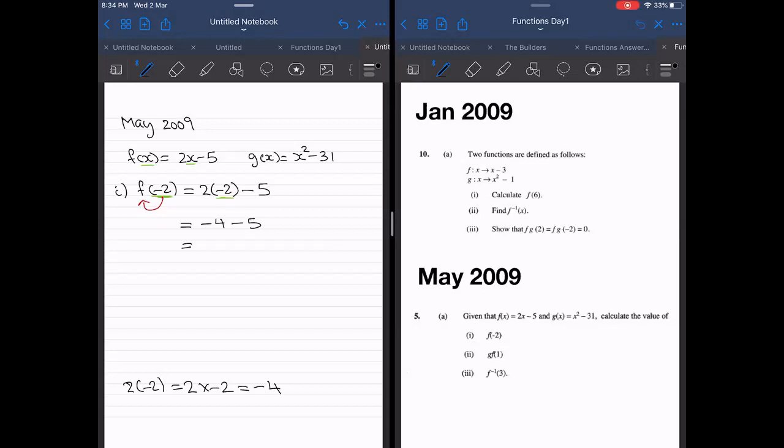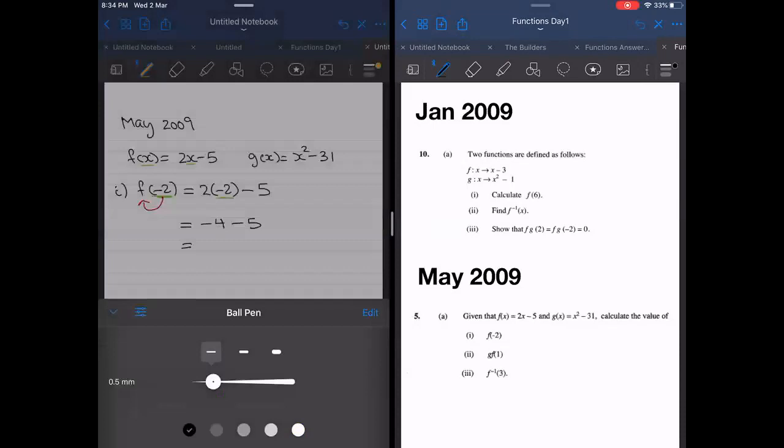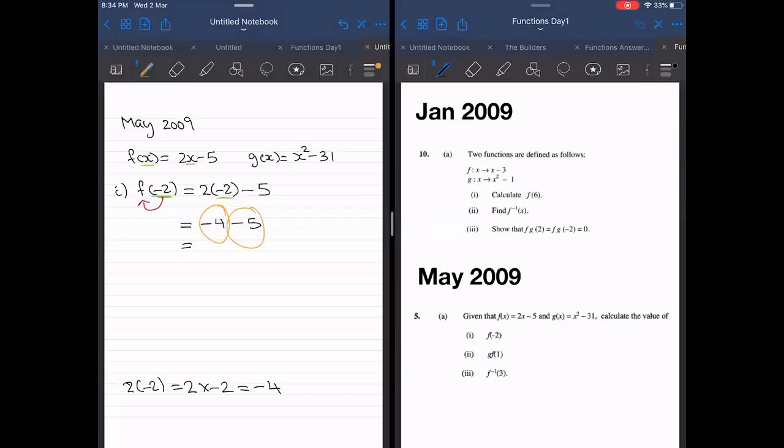But it should be minus 4. And if somebody takes away 4 apples, and then they take away 5 more, in total they have taken away 9. So your answer for the first one should be minus 9.